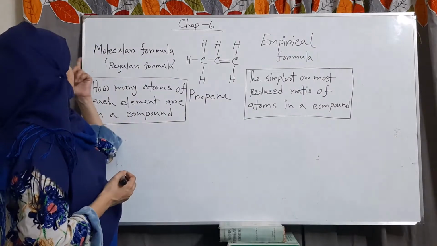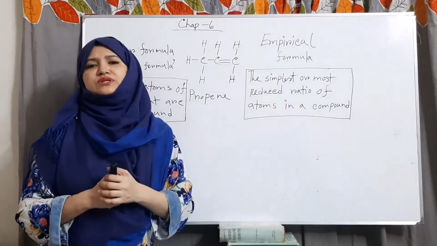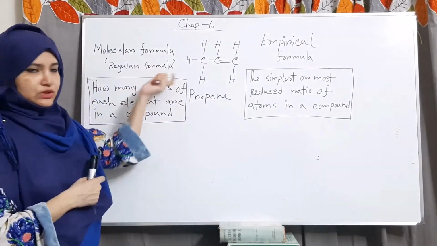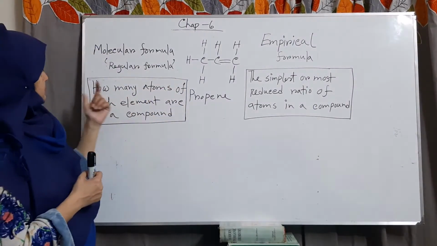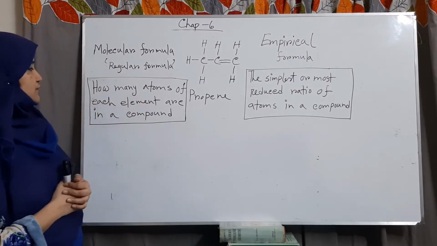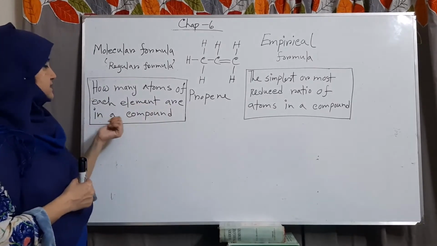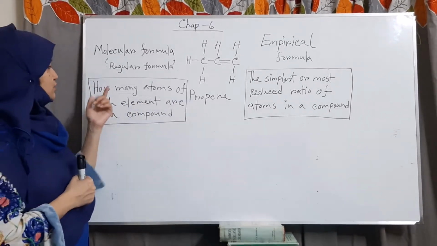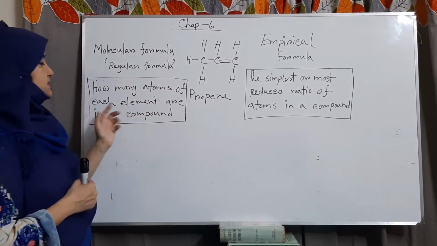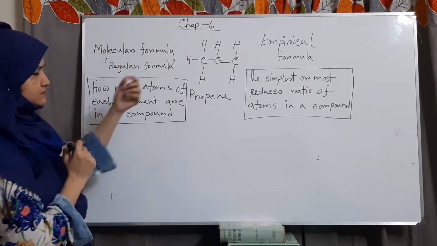Then what is the molecular formula? The molecular formula is the actual formula of any chemical compound, the regular formula. The molecular formula tells us how many atoms of each constituent element are present in a compound. Look at this compound, propene.